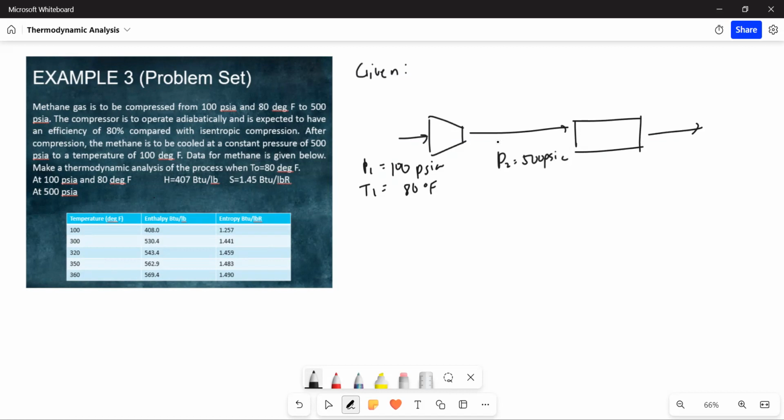And also after cooling, it's cooled at constant pressure, by the way. Therefore, P3 is still 500 psia and the new temperature is T3 equal to 100 degrees Fahrenheit.